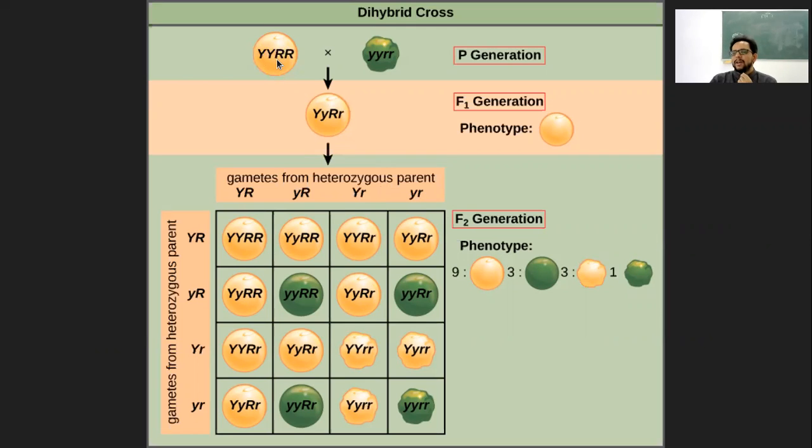For example, one is producing white pigment for the skin color or no pigment, and the other one is producing black pigment, right? And there can be various such pigments, like brown pigment and gray pigment and black pigment and so on. Now, they cannot be independently assorted amongst themselves. They can only be independently assorted with this set to the other trait set.